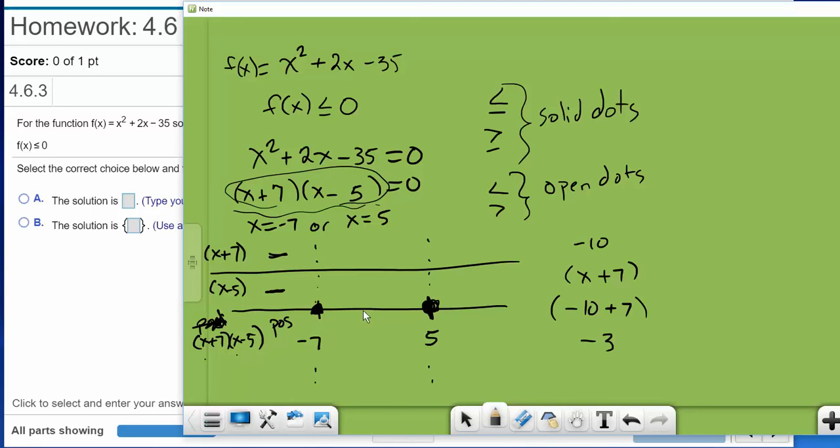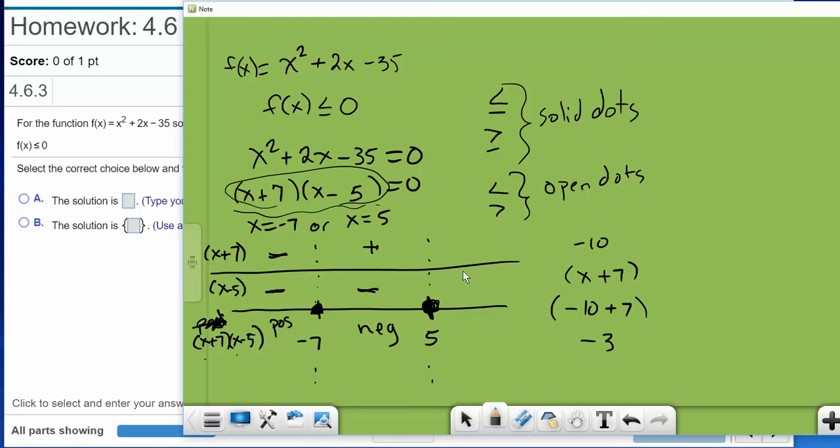Okay. Now if I look at the interval in the middle, I want a number between negative 7 and 5, like 0. So 0 plus 7 would be positive. 0 minus 5 would be negative. And then the product, positive times a negative would be negative.